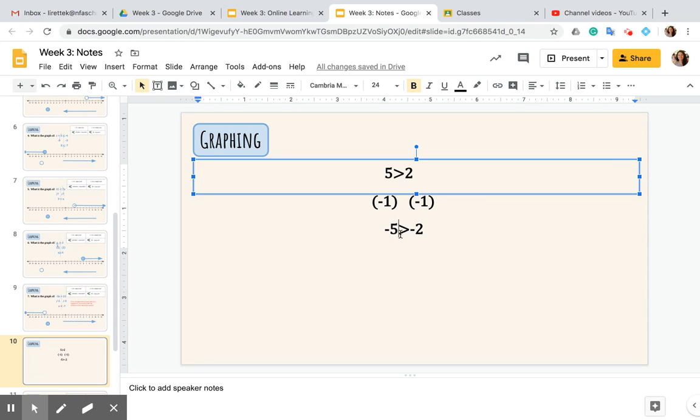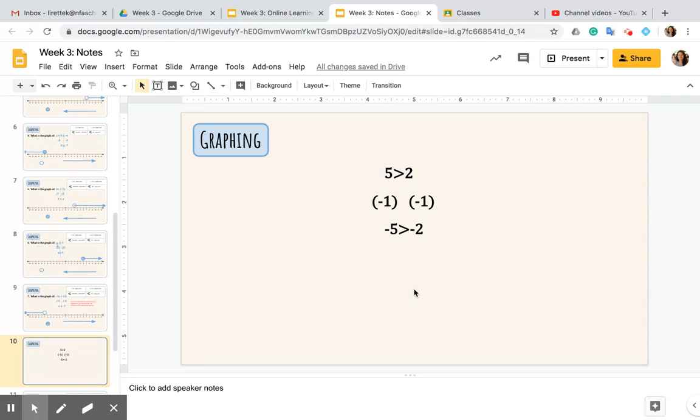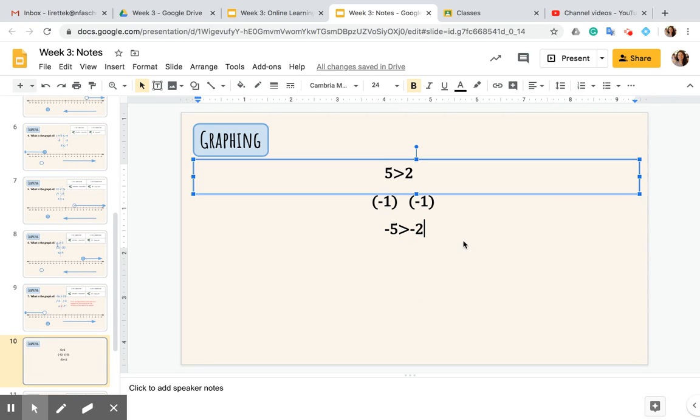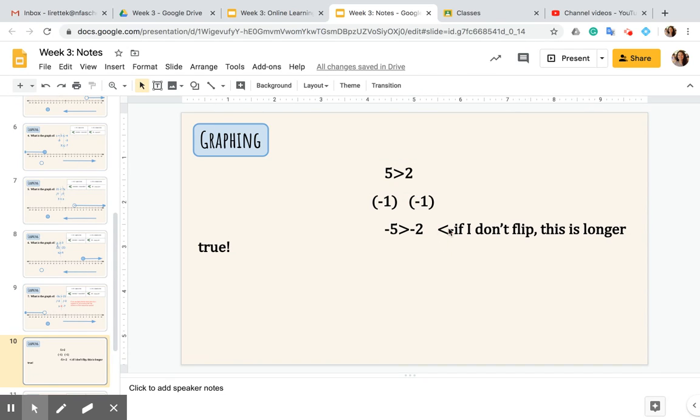So because I did not follow that rule and I didn't flip this symbol, this inequality is no longer true, okay? So if I don't flip, this is no longer true. Let me shrink it so it's all on one line.